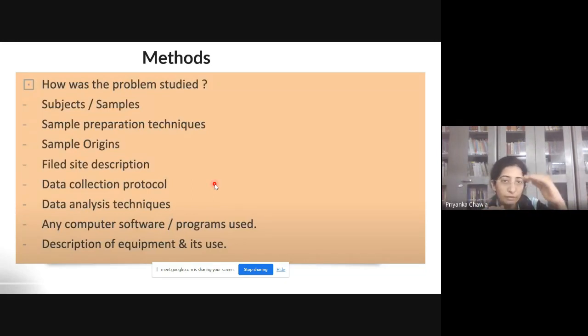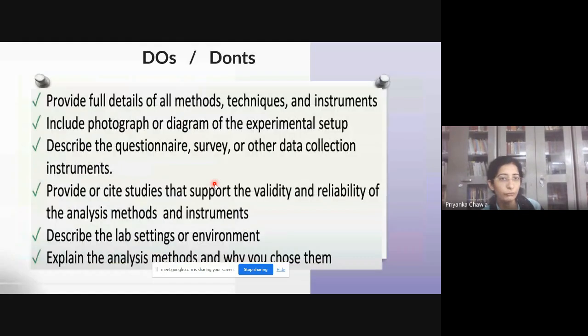So you have to describe each and everything related to methods. Questionnaires have been circulated, administered where, in which area, which location, how many questionnaires were collected, how many were discarded, how many were of no use, how many were valid. So these are the methods which we have to include.